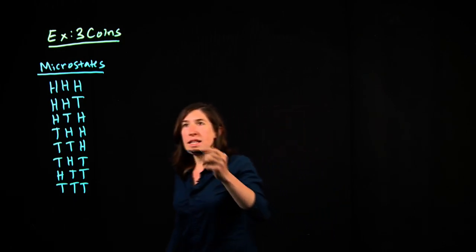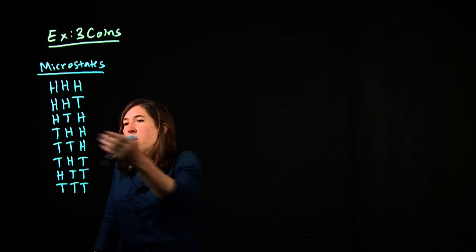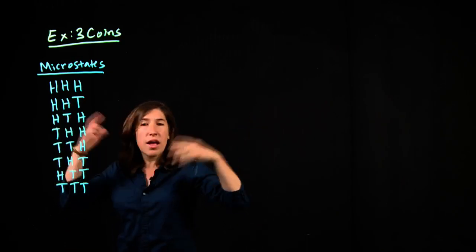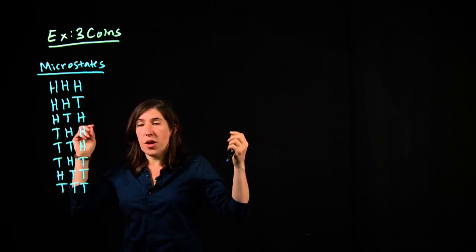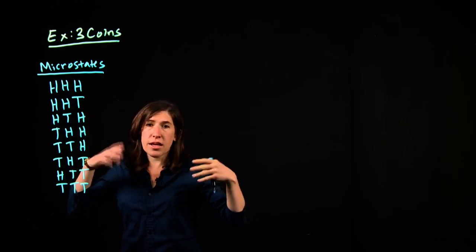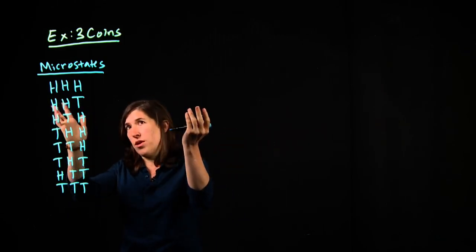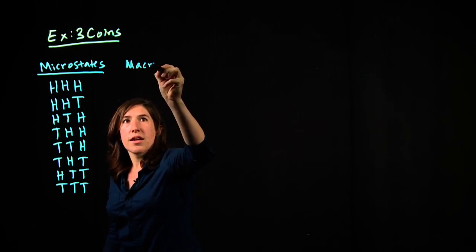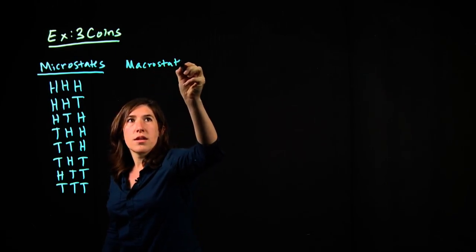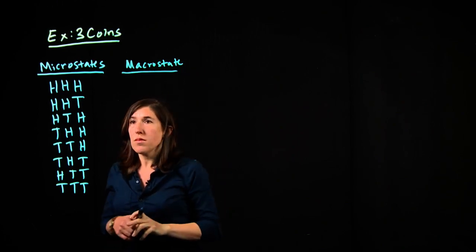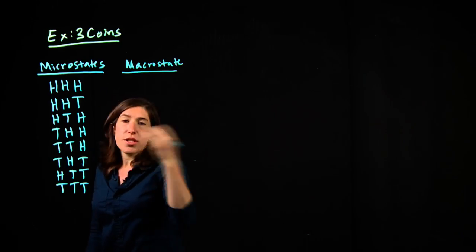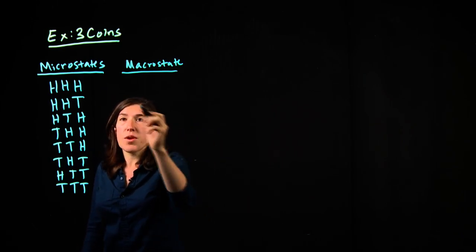Now, on the other hand, maybe we don't care which particular coin was the one that was a tail. We just care about how many coins were heads and how many coins were tails, and you don't care which one was which. Then you might want to write down the macrostate description. So the macrostate description is just, for instance, maybe it just tells you the number of heads.